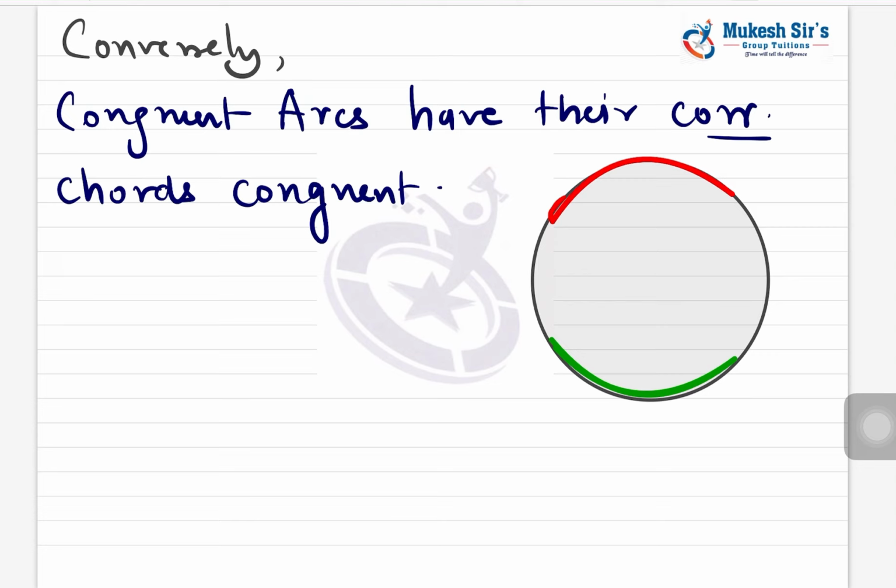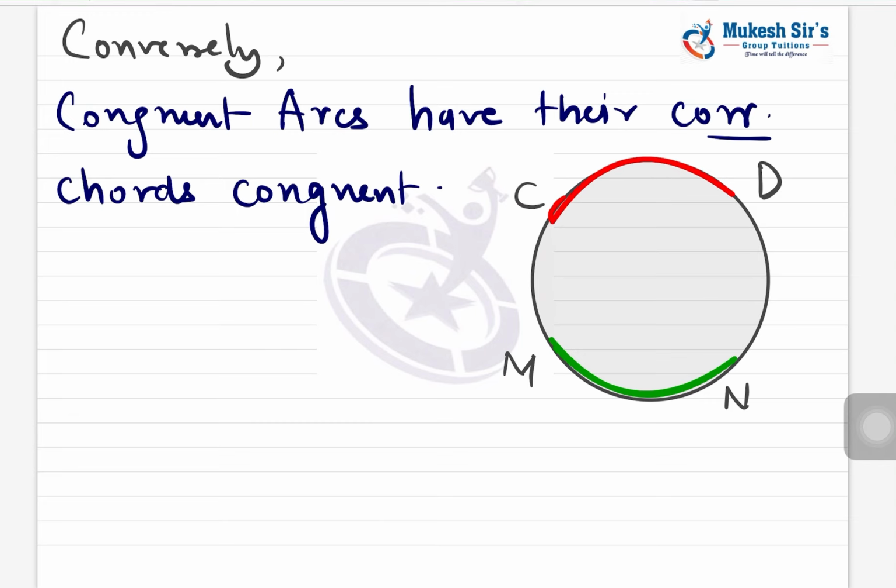So if I say congruent arcs, suppose the names of the arcs are CD and MN, then the chords are also congruent.